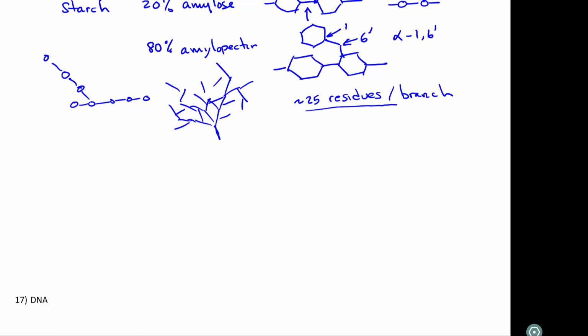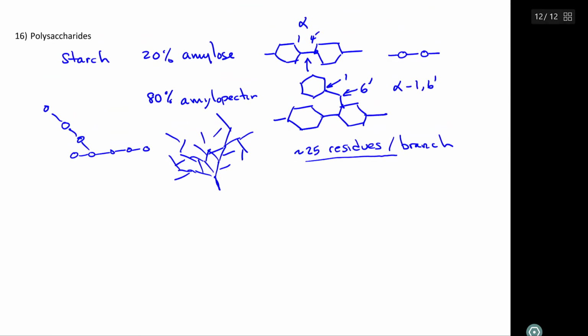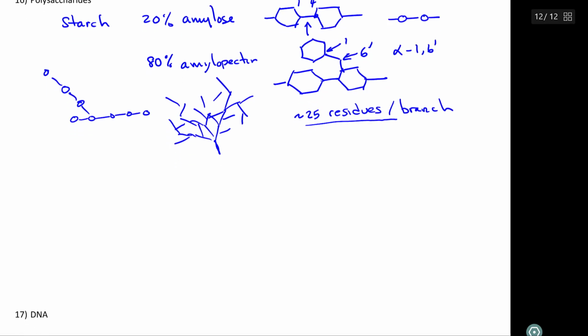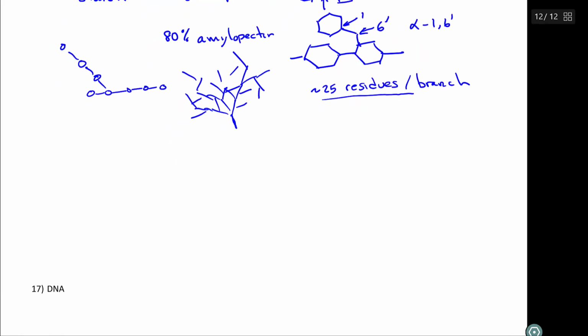Now, in people, this is starch, and it's amylose and amylopectin. In humans, in animals, we actually have something called glycogen. And rather than amylopectin, really the difference of glycogen to amylopectin is that glycogen branches at a much higher frequency.